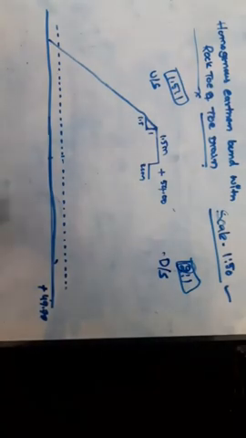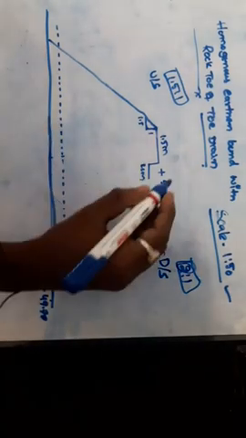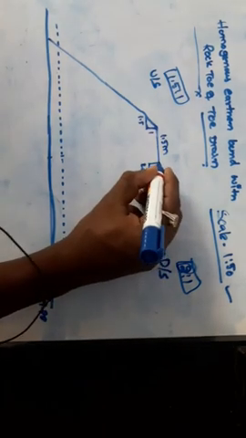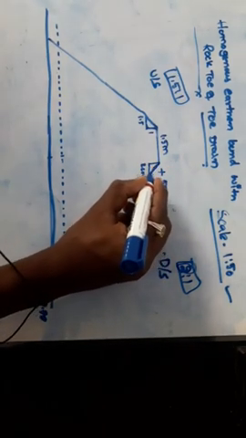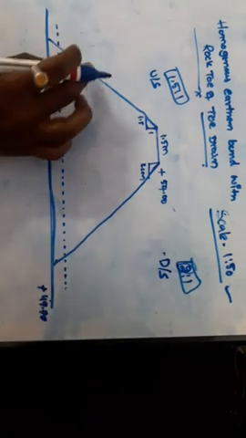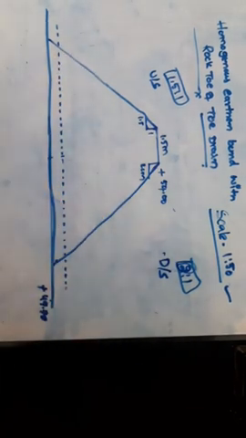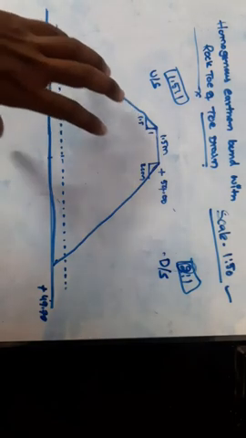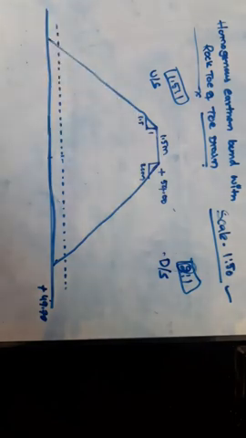Next we have to draw the side slope on downstream side based on this ratio. Upstream side and downstream side. This is the structure of the earthen bund.